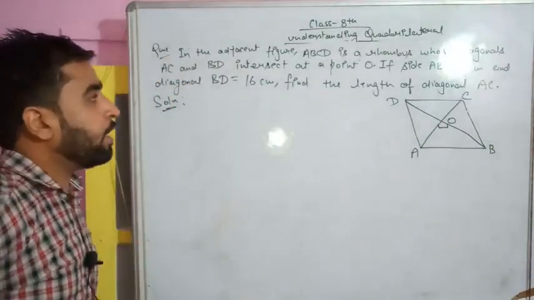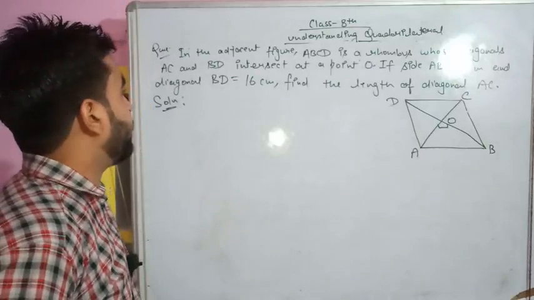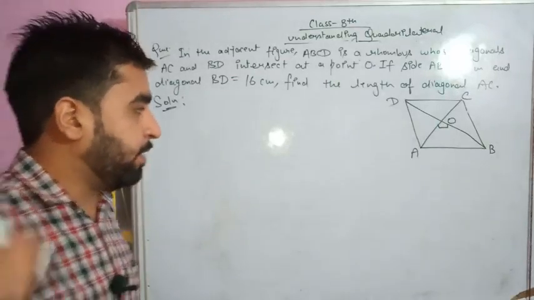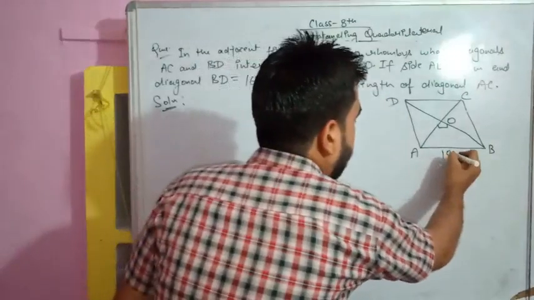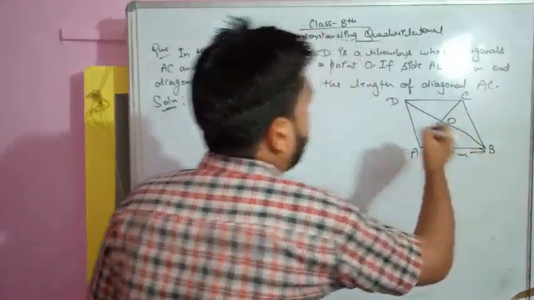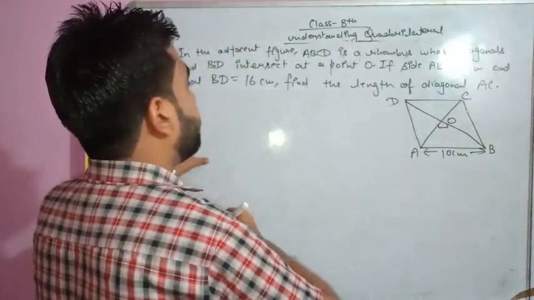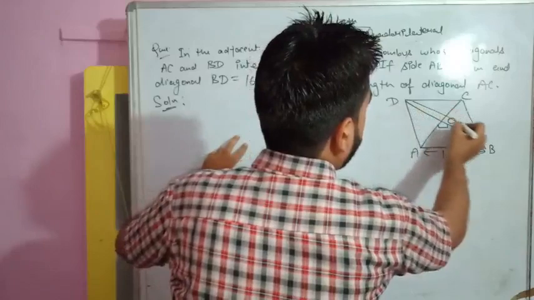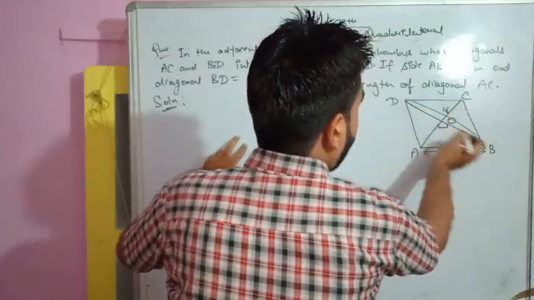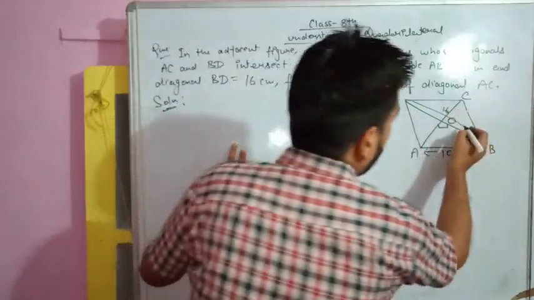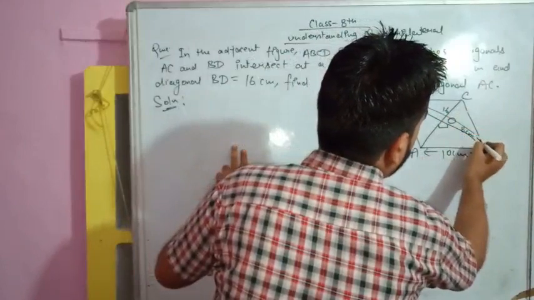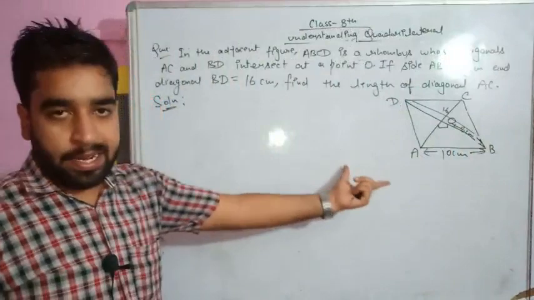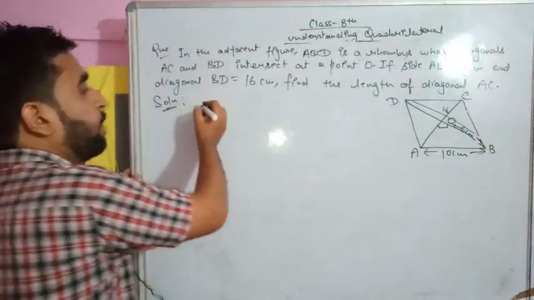In the adjoining figure, ABCD is a rhombus whose diagonals AC and BD intersect at point O. Side AB is given as 10 centimeter, and diagonal BD in total is 16. But diagonals bisect each other in a rhombus. So the total is 16, then this will be 8 centimeter. We will mention this, don't worry about this.